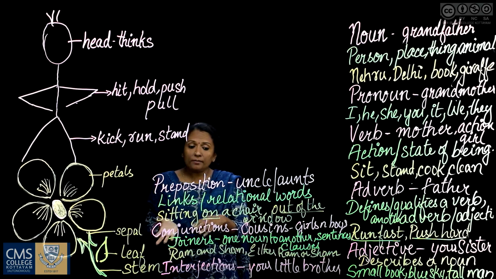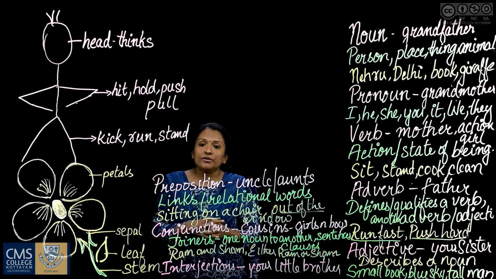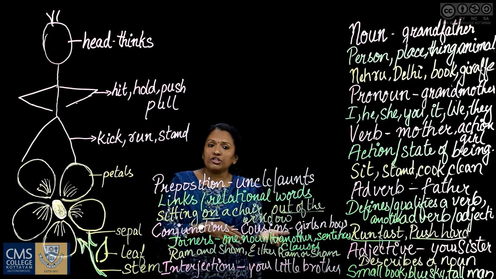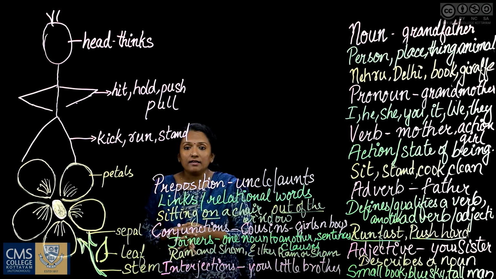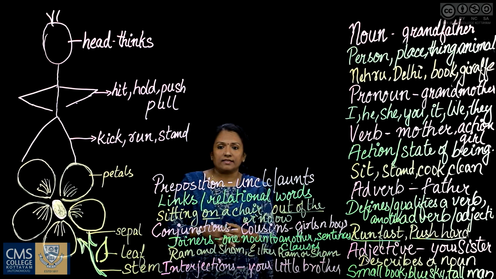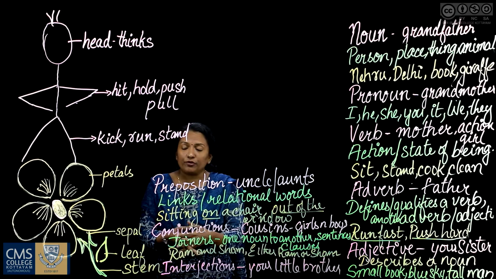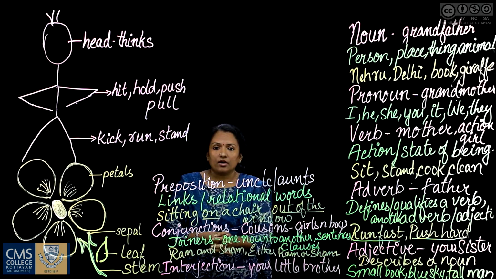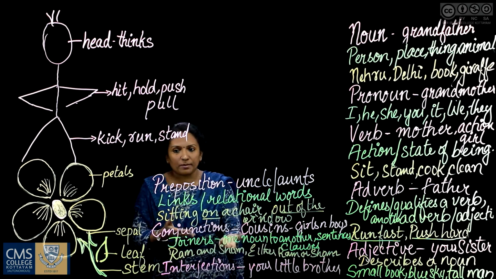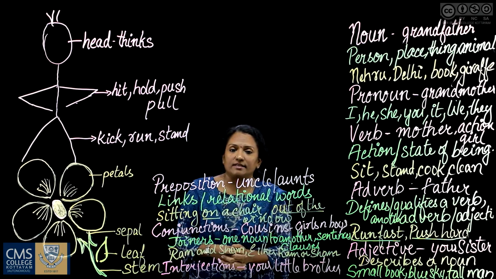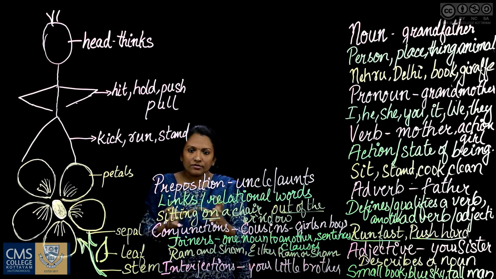So you have Ram and Sham. You can say either Ram or Sham will come. Not only the girl, but also her cousin were present for the meeting yesterday. So, either or is a conjunction.